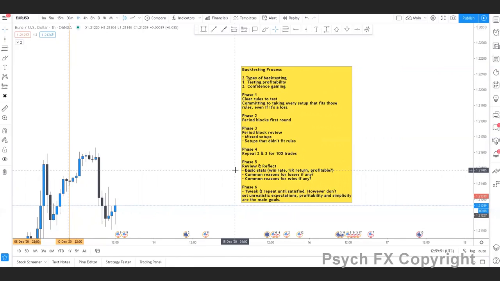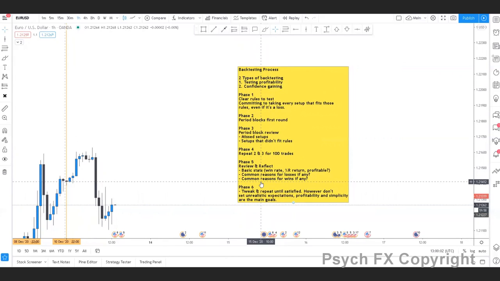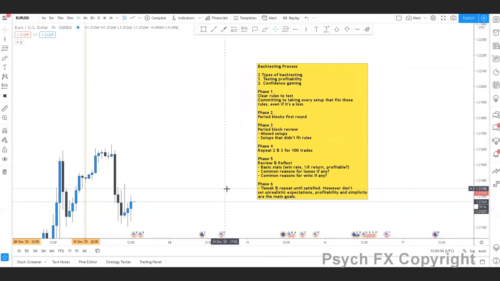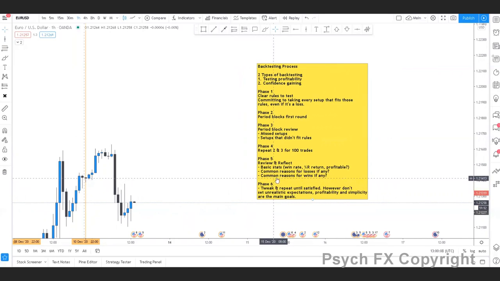So then the next couple of questions are simply preparations for phase 6, which is, are there any common reasons for losses, if there are any? What you're going to find here is often there will be a lot of common reasons for the losses, and there are going to be a lot of common reasons for the wins. Now, this isn't always something you should listen to, because you can spend way too long tweaking the strategy, trying to make it perfect.